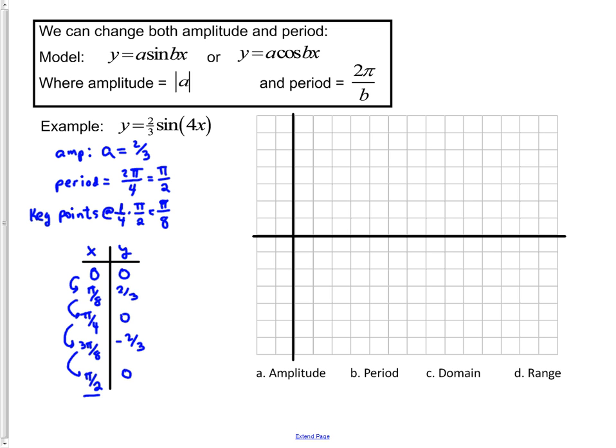So plotting all of these points on my x-axis, we can now apply our values and get a picture of our graph. Y equals 2/3 sine of 4x starts at 0, 0, passes through the point pi over 8, 2/3, through the point pi over 4, 0, 3 pi over 8 gives us negative 2/3, and pi over 2 gives us 0, and then this pattern is just going to continue repeating over and over again until we've reached however many periods we want.